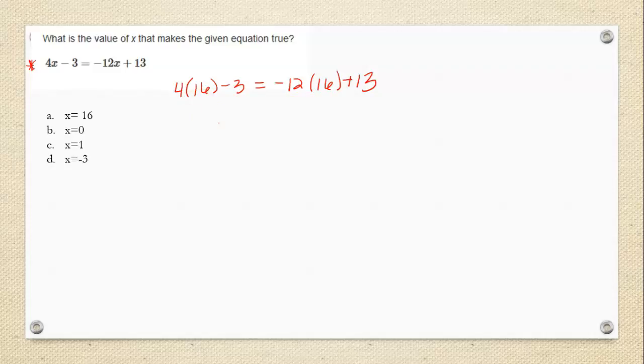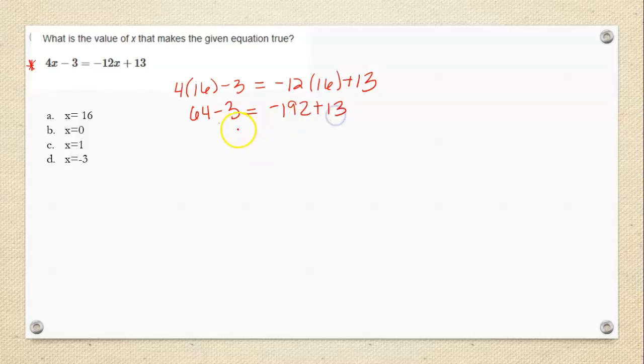I don't know about you, 16 is a pretty big number. We could definitely do this by hand. But again, at this level, you guys are totally allowed to use your calculators. So let's see, 4 times 16 is 64. And negative 12 times 16 is negative 192.